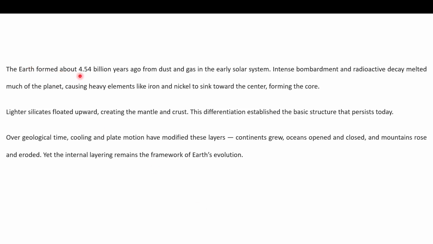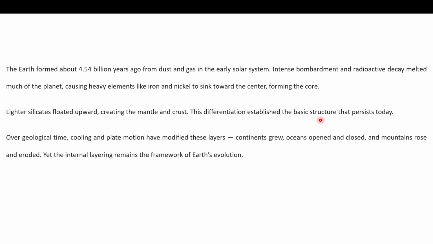Now, the Earth formed approximately 4.5 billion years ago from dust and gas in the early solar system. Intense bombardment and radioactive decay melted much of the planet, which caused heavy elements like iron and nickel to move towards the center, forming the core, whereas lighter elements like silicates floated upward, creating the mantle and the crust.